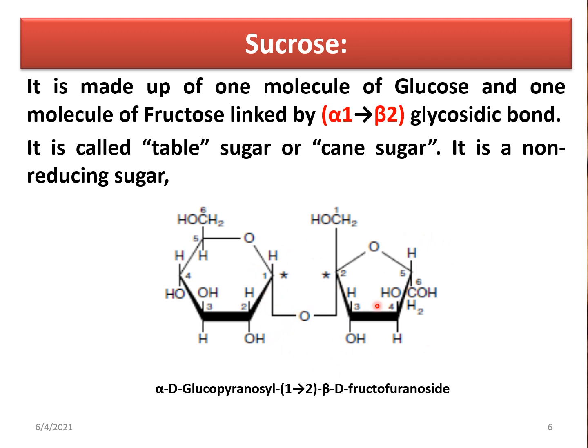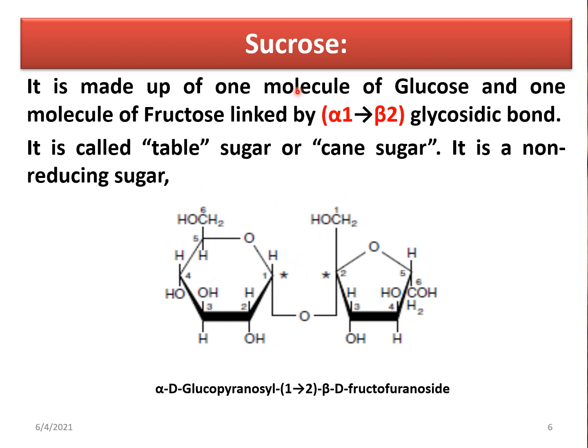This is the 1 to 2 O-glycosidic bond between the carbon number 1 in glucose with the carbon number 2 in fructose, and it is called alpha 1 beta 2 because of the configuration of the hydroxyl group in the glucose and fructose residues. Here it is important to mention that the fructose molecule is inverted by 180 degrees in order to bind with the molecule of glucose for the formation of sucrose.